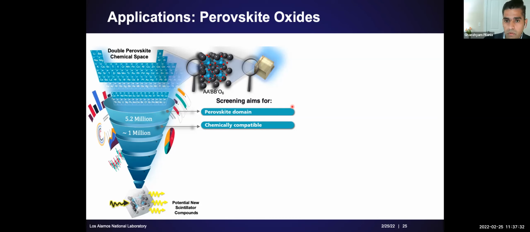For these 1 million compounds, we go ahead and start building machine learning models for stability and formability, band gap, and 4f and 5d level prediction in the band gap to make predictions of potential scintillators. I won't have time to go into all the details, but very quickly, for the stability and formability predictions, we start with a data set of DFT calculations.